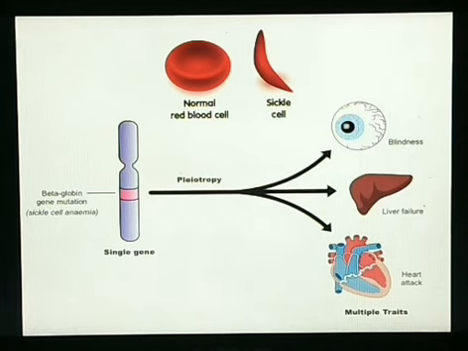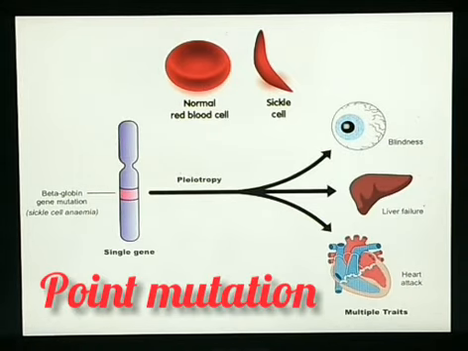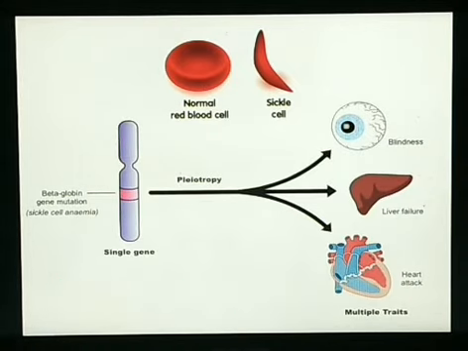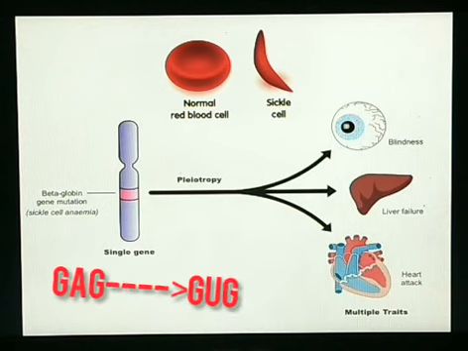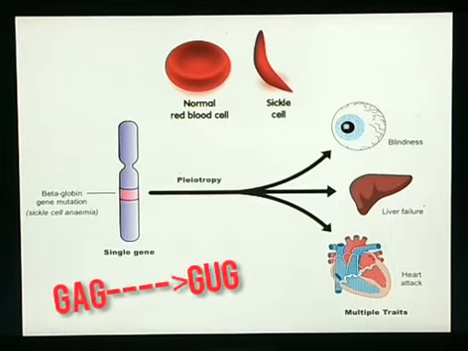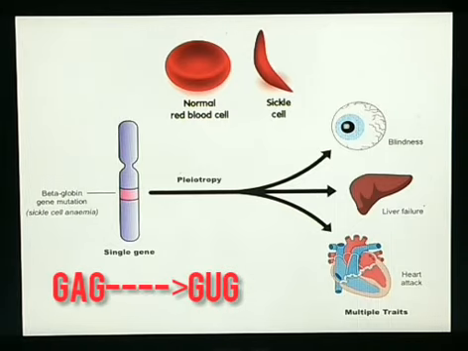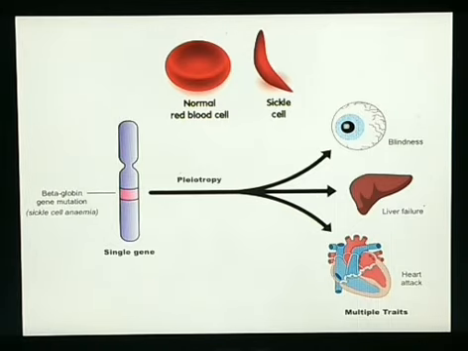We have already studied sickle cell anemia in the topic human genetic disorders, which is caused by a point mutation wherein the amino acid glutamic acid is replaced by valine at the 6th position of the beta globin chain of hemoglobin.